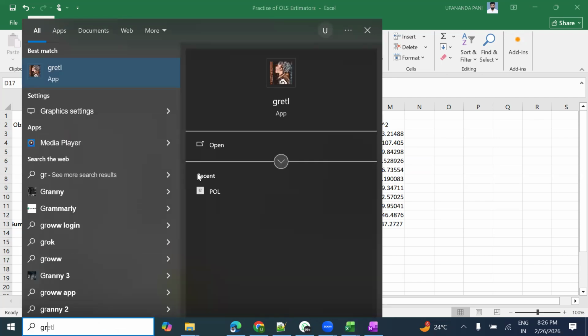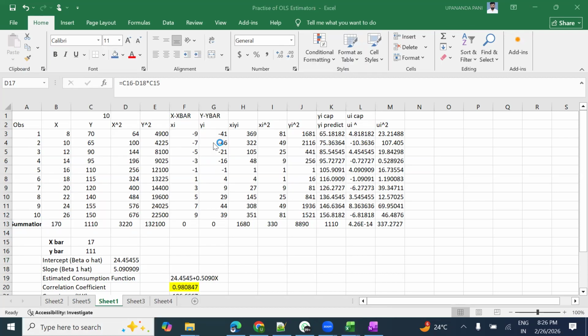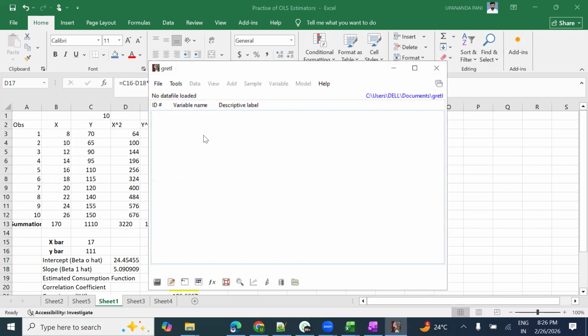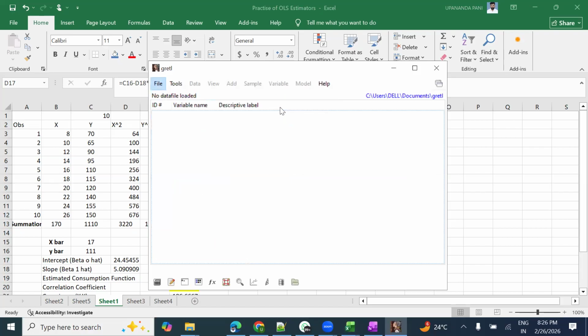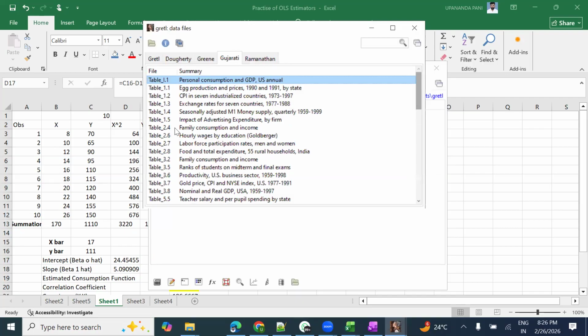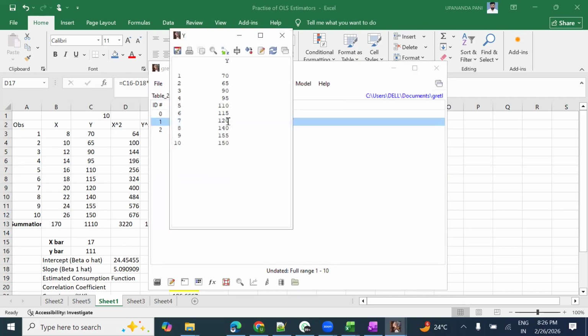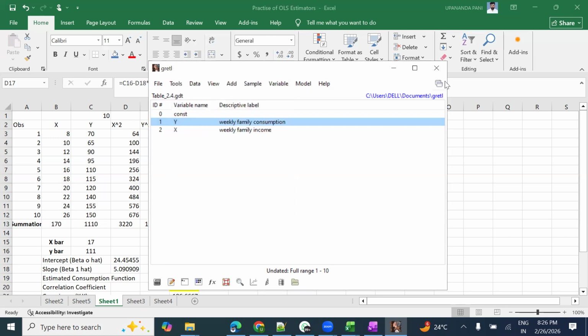Table 2.4, I remember this. Can you see over here? Y is equal to 70, 65, 90, 95, 110, 115, 120, 140, 155 and 150. Isn't it? This is coming from 2.4.